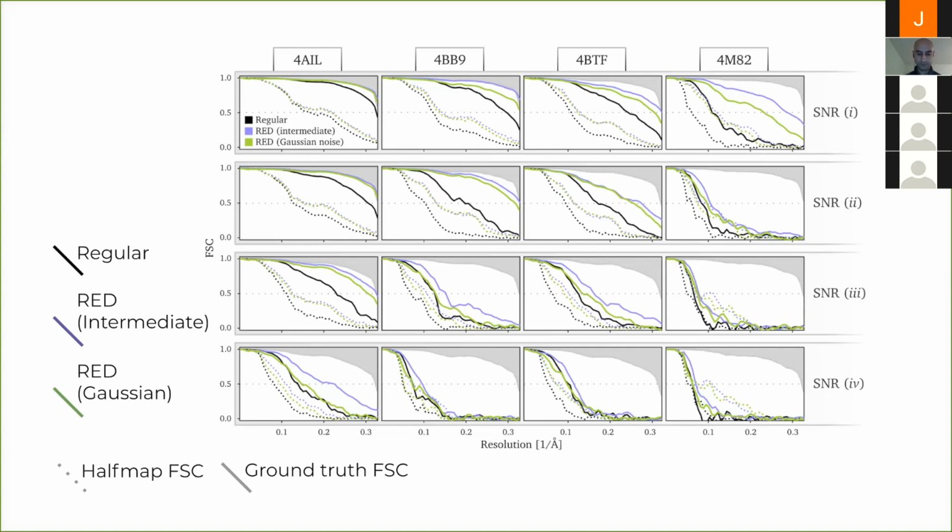Hi, Dari. That was a great talk. I have to admit I have not read your preprint, but my question comes from when you started talking about the idea of a more intelligent prior. It reminded me very strongly of some of the methods used for density modification in crystallography.